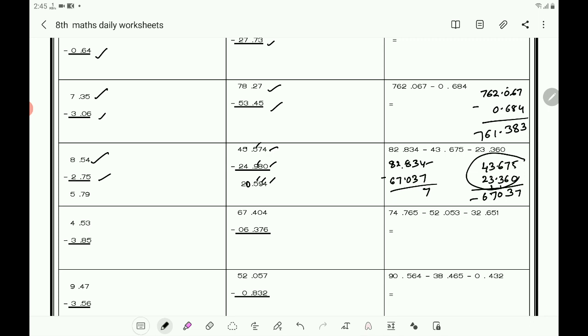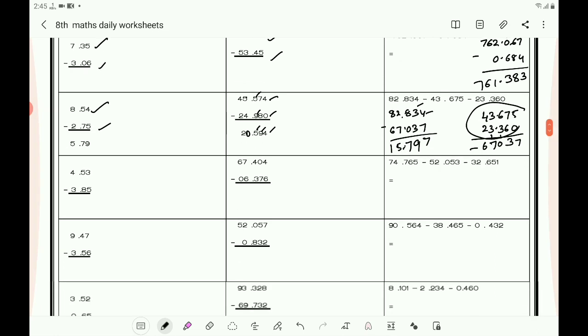Then here 2 is remaining, 12 minus 3 is 9, and 7 is remaining. And here 12 minus 7 is 5, then 7 minus 6 is 1. So you got 15.797. That is the answer here.